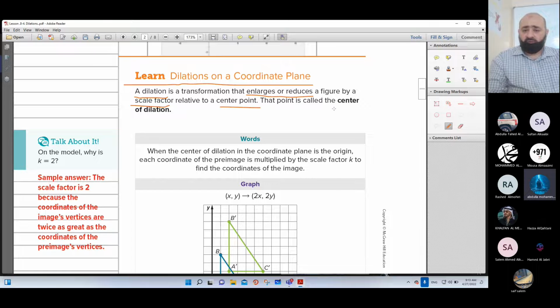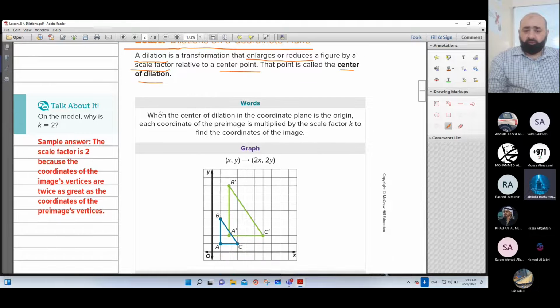That point is called the center of dilation. When the center of dilation in the coordinate plane is the origin, each coordinate of the pre-image is multiplied by the scale factor k to find the coordinates of the image.